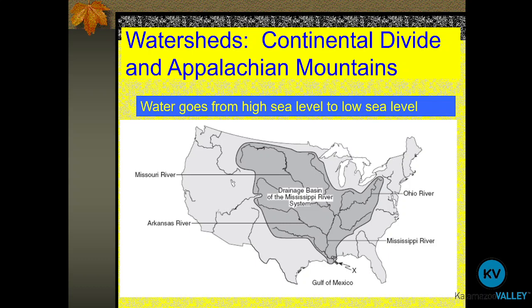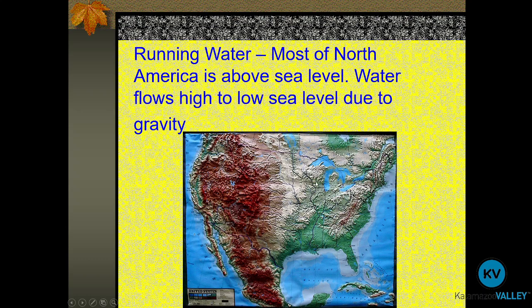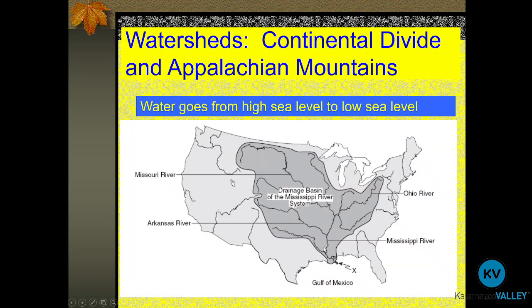And you can see that this stretches over 31 different states. Several other major rivers, such as the Missouri River, the Arkansas River, Ohio, all lead into the Mississippi River, which eventually drains out into the Gulf of Mexico. Why? Because we are going from higher elevations out here to the low elevation. Water is moving from high to low due to the force of gravity.